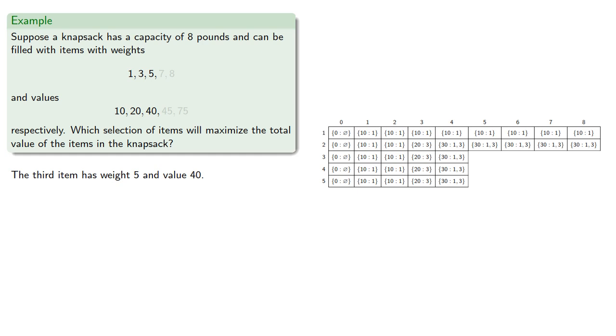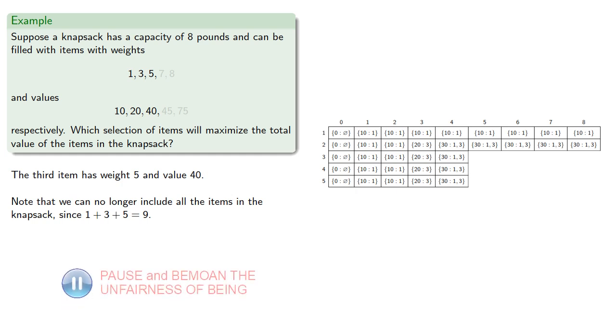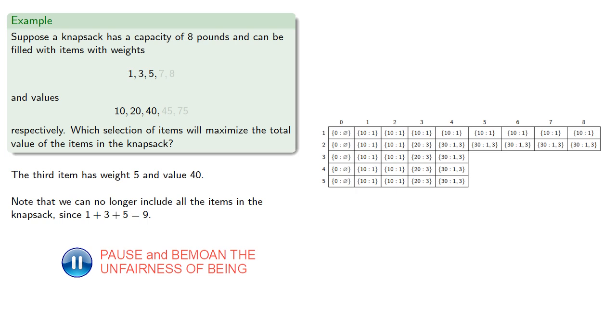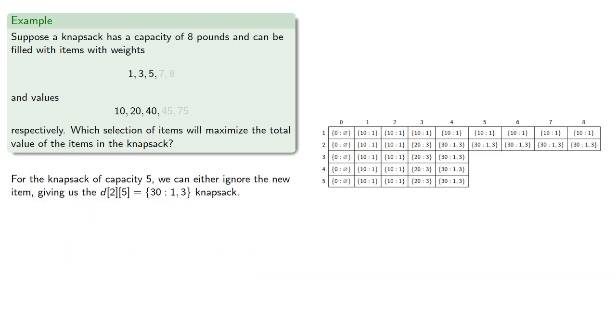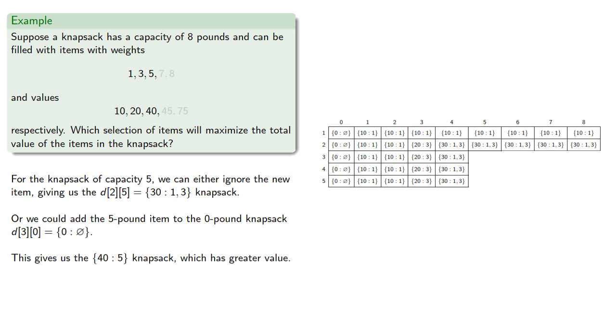The third item has weight 5 and value 40. Note that we can no longer include all the items in the knapsack, since 1 plus 3 plus 5 equals 9. For the knapsack of capacity 5, we can either ignore the new item, giving us the 2-5 knapsack, or we can add the 5-pound item to the 0-pound knapsack, which gives us the 4-5 knapsack, which has greater value.